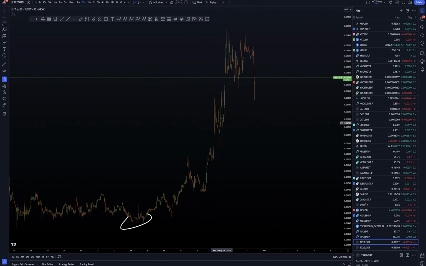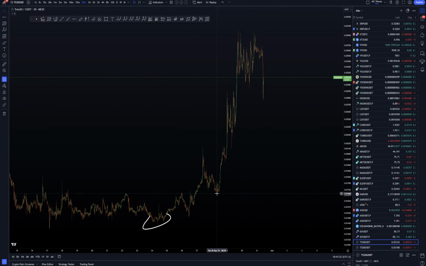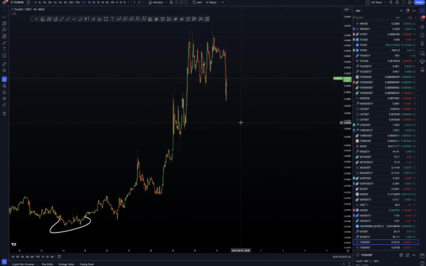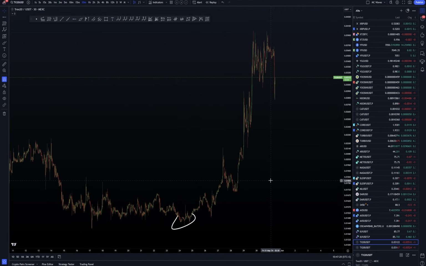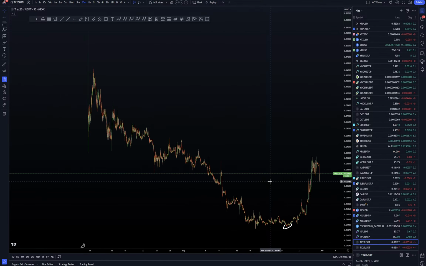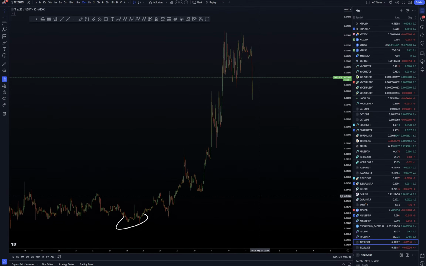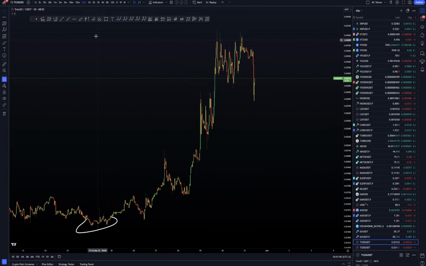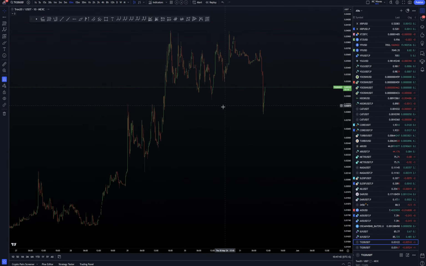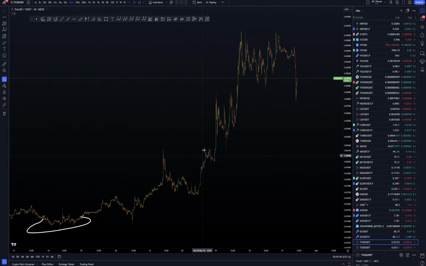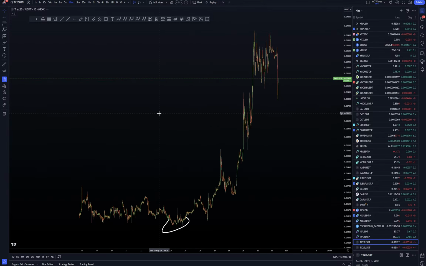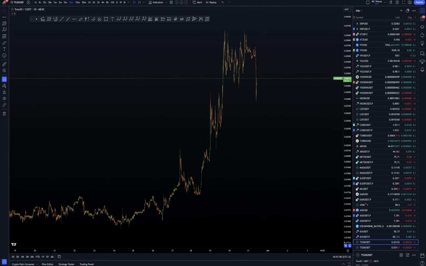1, 2, 3, 4, 5. I mean, the smaller waves don't even look like 5 waves, to be honest. We more likely have some triple wave all the time. So does it look like an impulsive, to be honest?